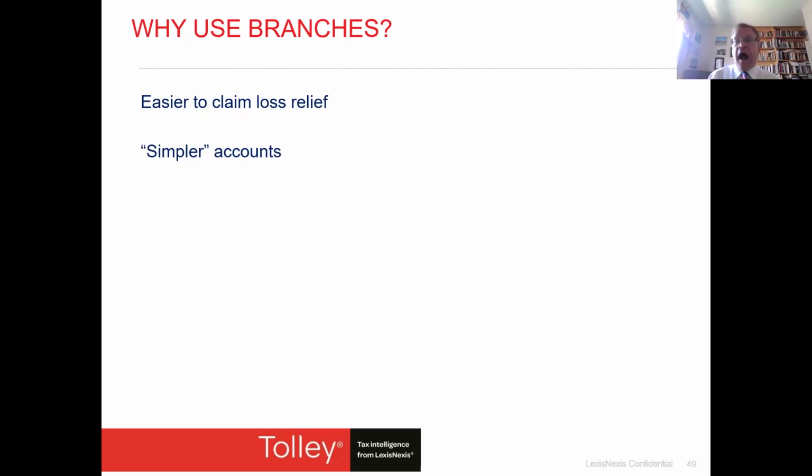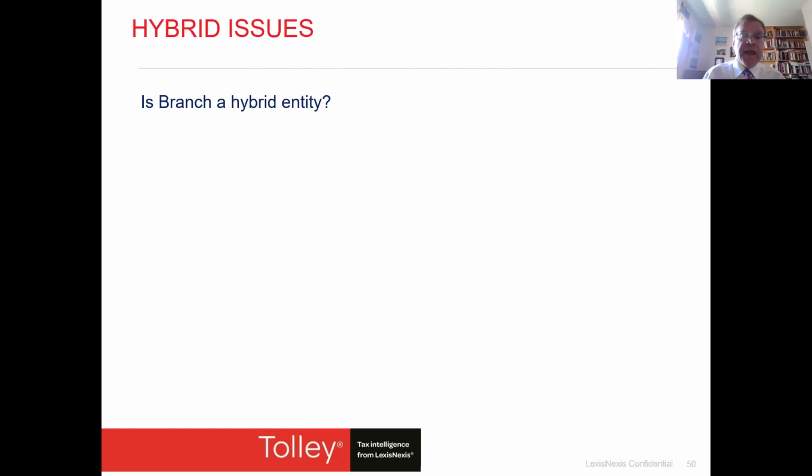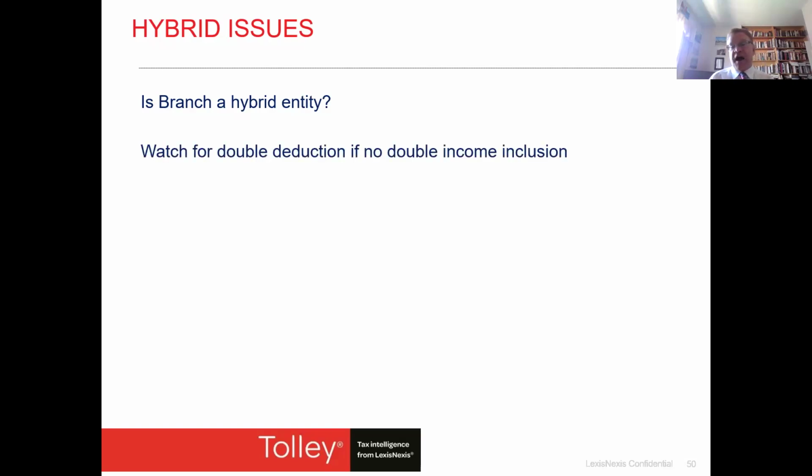In terms of the hybrid issues, is a branch a hybrid entity? Well, potentially yes, because it will be taxed in two countries potentially, and the deductions that you get may be available in both countries. What you need to avoid is what is potentially a double deduction if there's no double income inclusion.